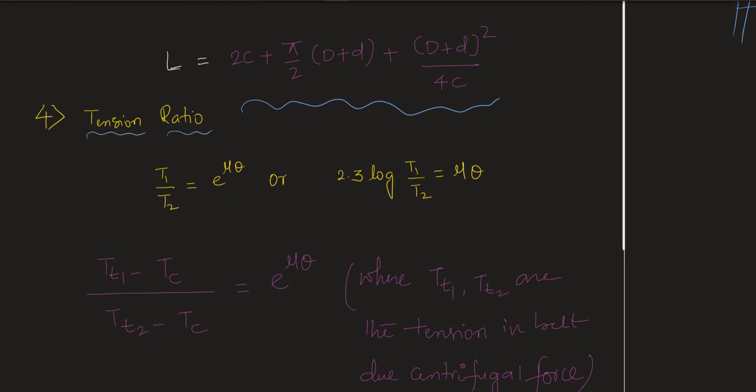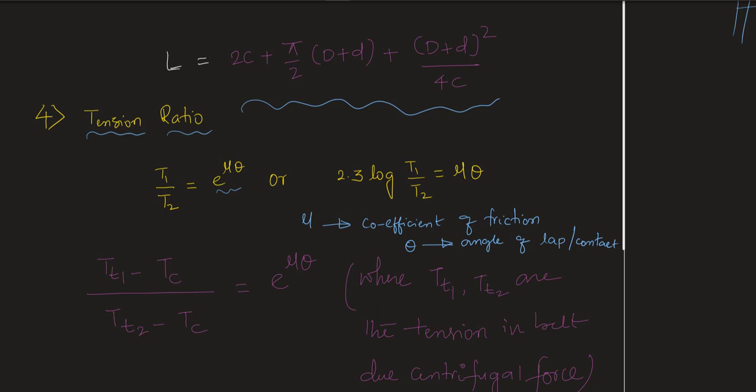Now here you can see, when we consider tension ratios, T1 by T2 equals e to the power of mu theta, where mu is the coefficient of friction and theta is the angle of lap or contact between the belt and the pulley.